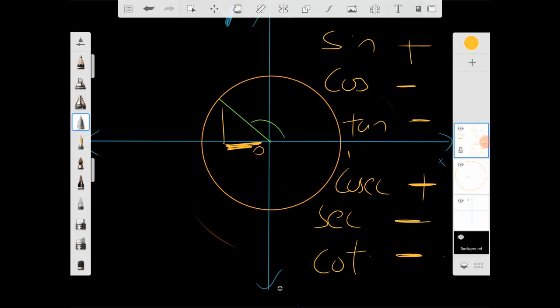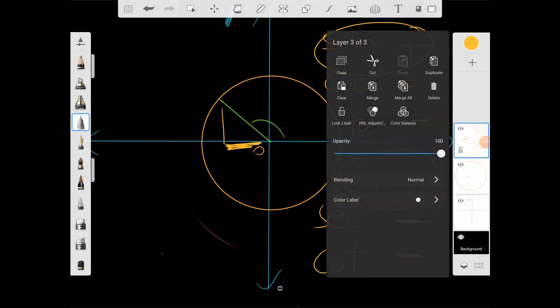In the second quadrant, if I take an angle, the trigonometric ratios except sine and cosec, all other ratios will be negative. I will prove this to you after some time, but for now you can see that except for sine and cosec, everything else will be negative.